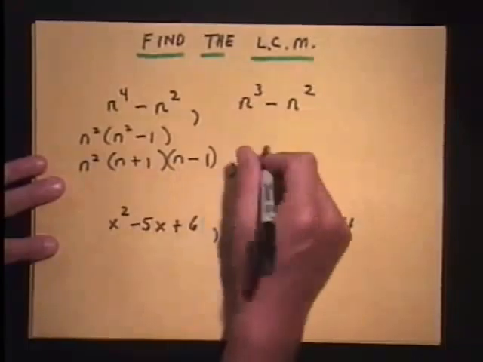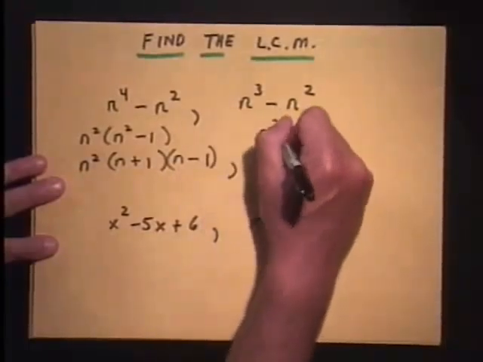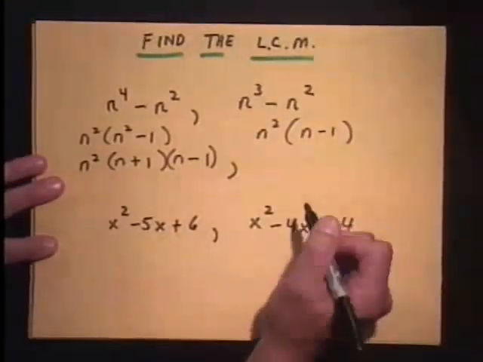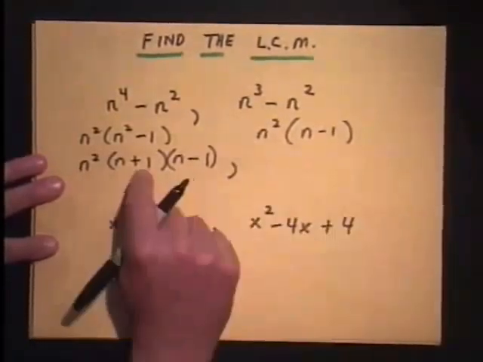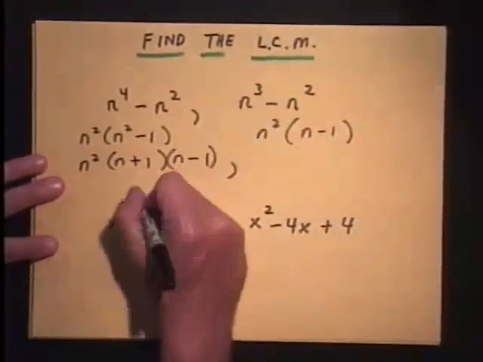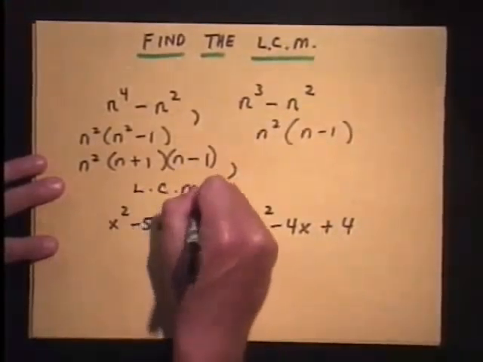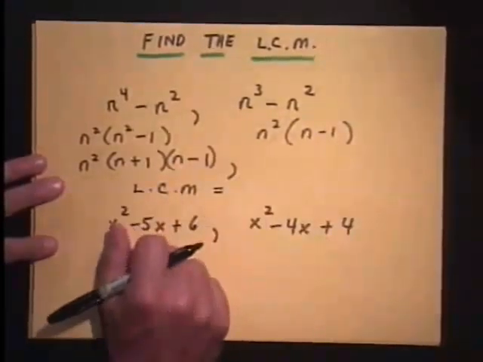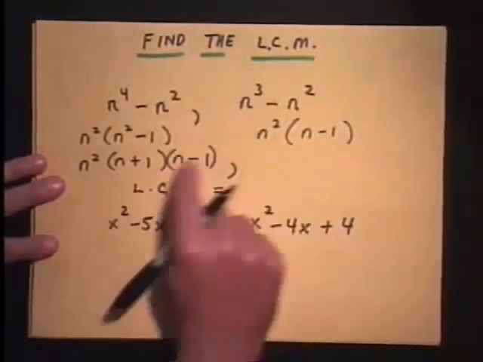On the second binomial, we can also take a common n squared out, and that leaves us with just n minus 1. All right, so now that we have both of these completely factored, we're going to find that LCM. And how do we do it? Well, we take the most of each thing and multiply it together. So which one has the most n's by itself?